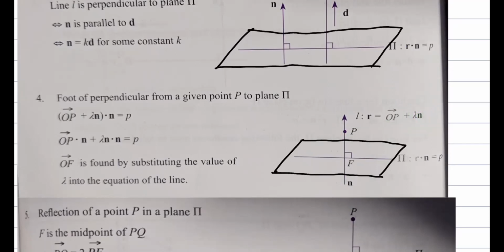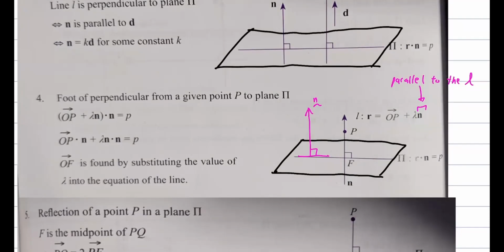Vector n is just the perpendicular of the plane. Right? What do you notice about these two lines? It's parallel. The normal is parallel to the line. That's why you have a lambda of vector n here. This is parallel to the line. So that's why you get the equation.